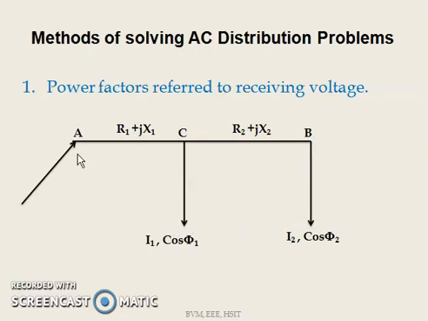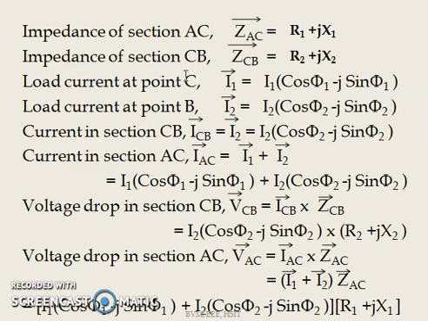The impedance of section AC is R1 plus jX1, and the impedance of section CB is R2 plus jX2. As I told you, it should be done vectorially, so vector ZAC is R1 plus jX1, and similarly ZCB is R2 plus jX2.